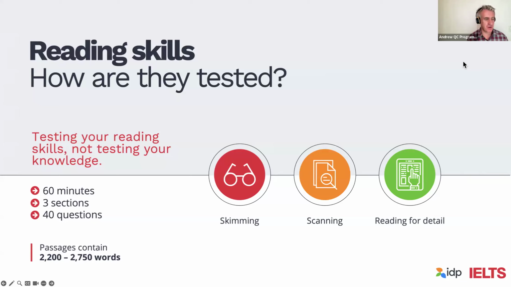So we should always read the questions first to find out what we have to do. If they have to match headings to sections of the passage, read the headings first so that they can focus on the main ideas they need to look for.